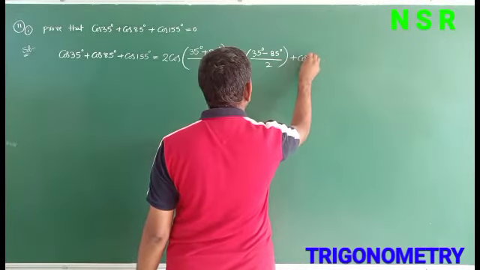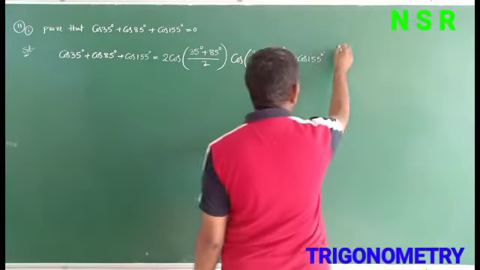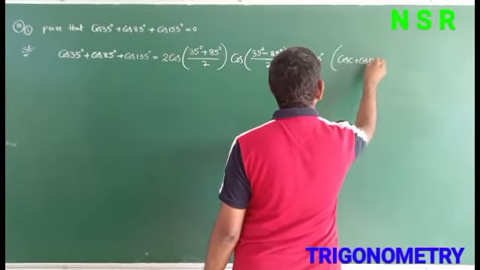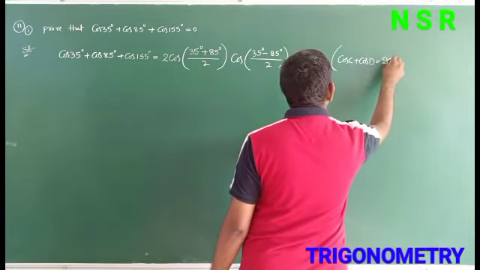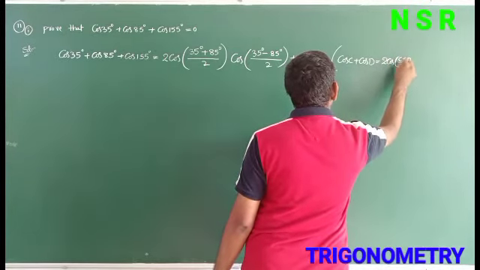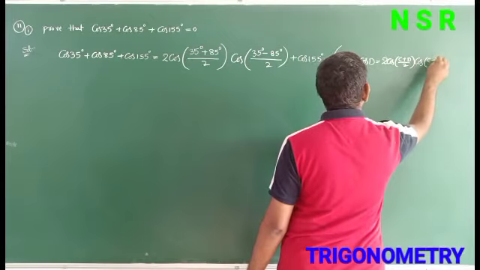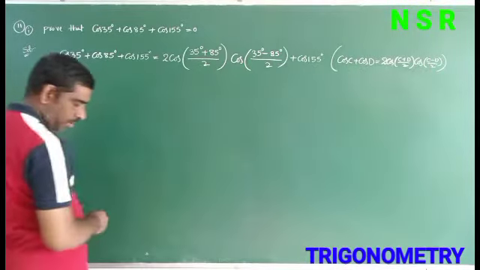Plus cos 155. So here apply the formula cos C plus cos D is equal to 2 cos (C plus D) by 2 into cos (C minus D) by 2.